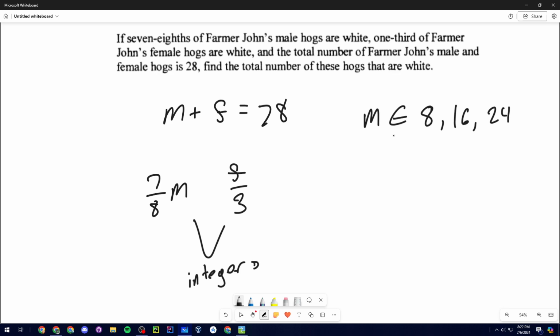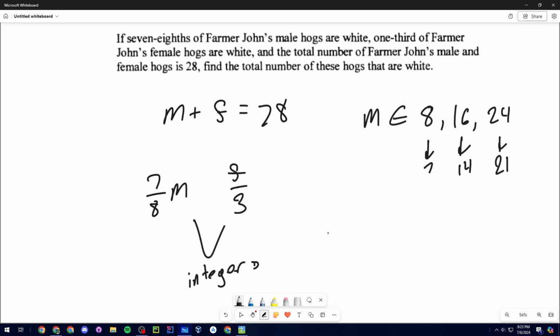Because then the number of white hogs would be 7, 14, or 21, right? And then plugging in, if I have 8 plus F, then F has to be 20, but 20 is not divisible by 3.